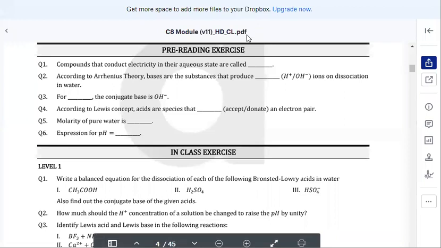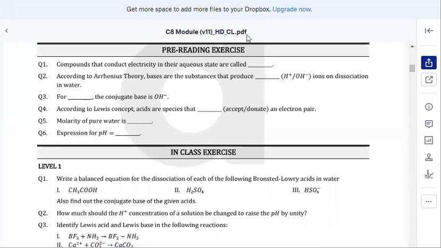Then the fifth one: molarity of pure water is dash. It is molarity, which is concentration, so it is 10 to the power minus 7, right?